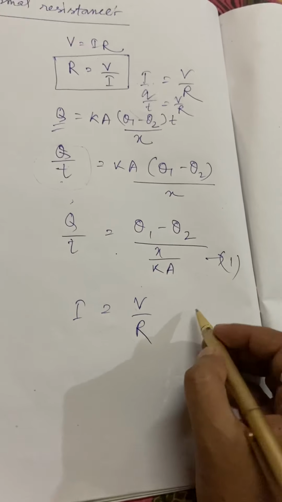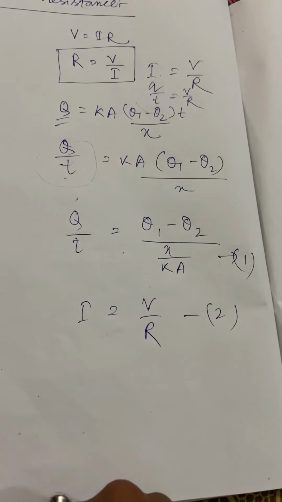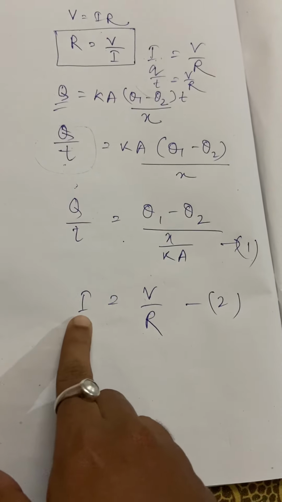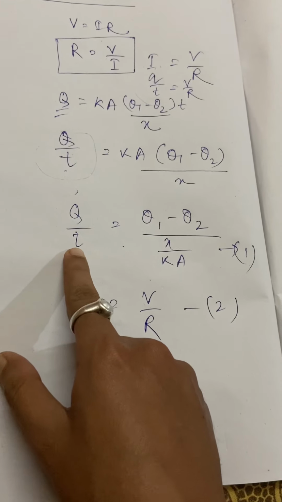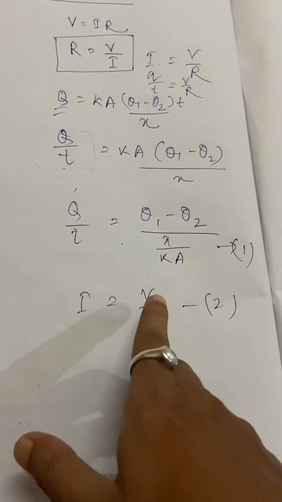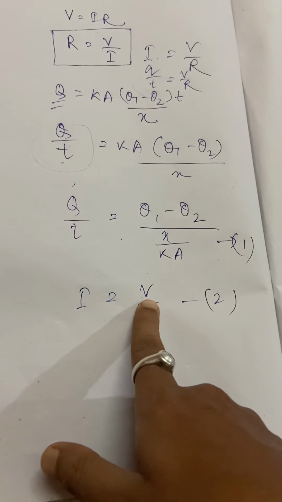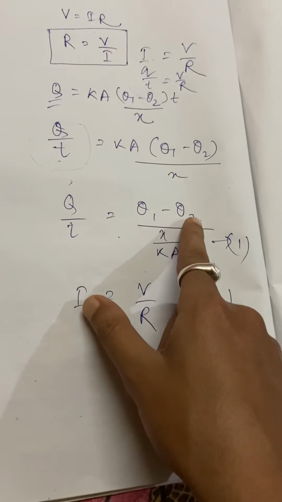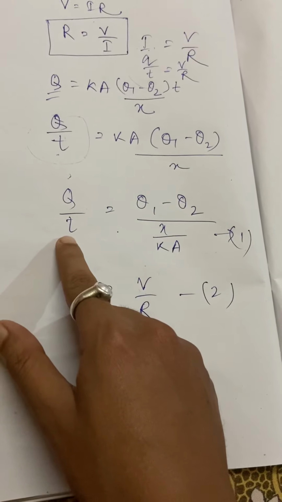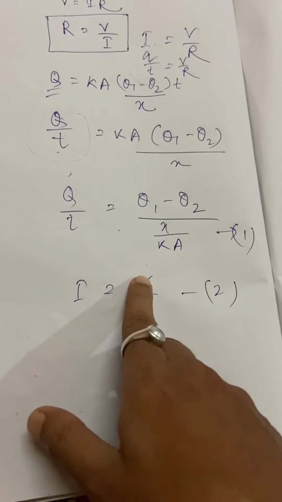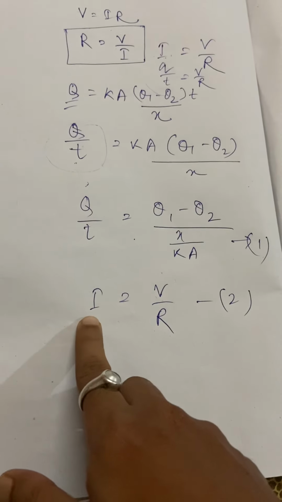Suppose this is equation 1 and this is equation 2. Here the left hand side is electric current; here the left hand side is heat current. Here this is the potential difference between two points; here it is the temperature difference, and for a temperature difference, heat will flow. This is the rate of flow of heat, and for potential difference, this is the rate of flow of charge.